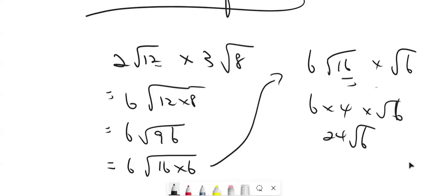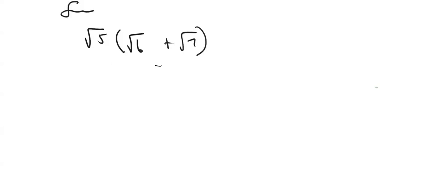Let's get something a little harder. Root 5 bracket root 6 plus root 7. Simplify. You use the distributive law, right? And you simply multiply this by everything in here.